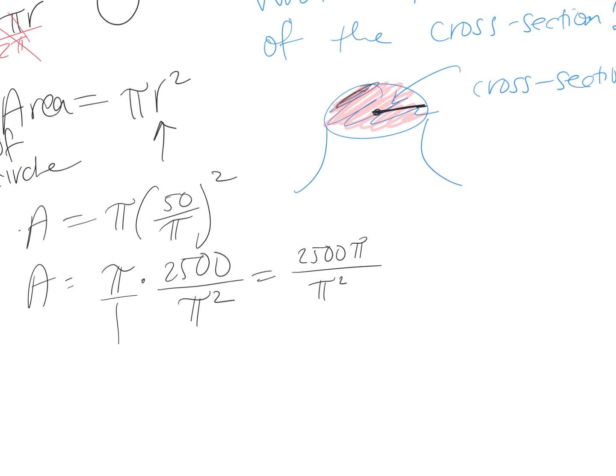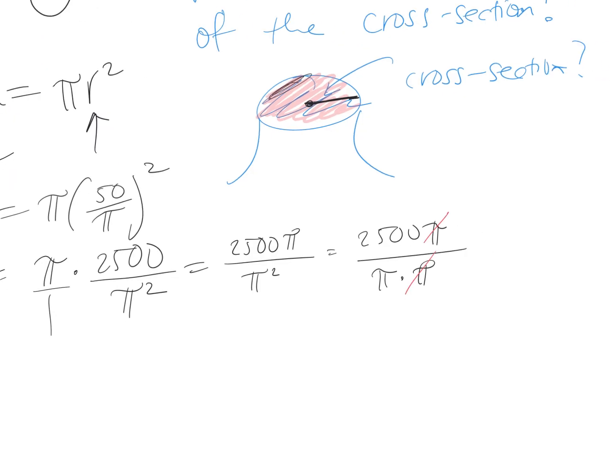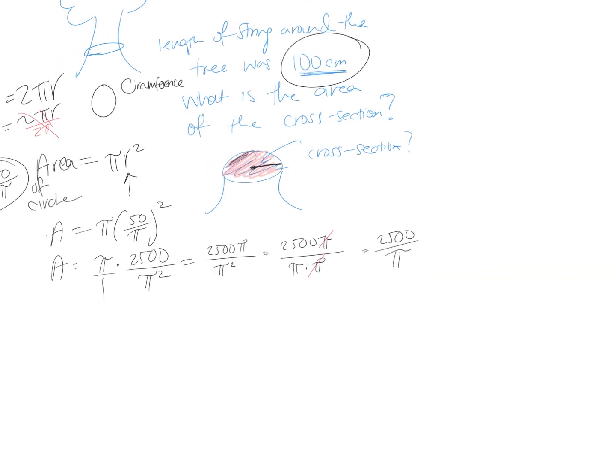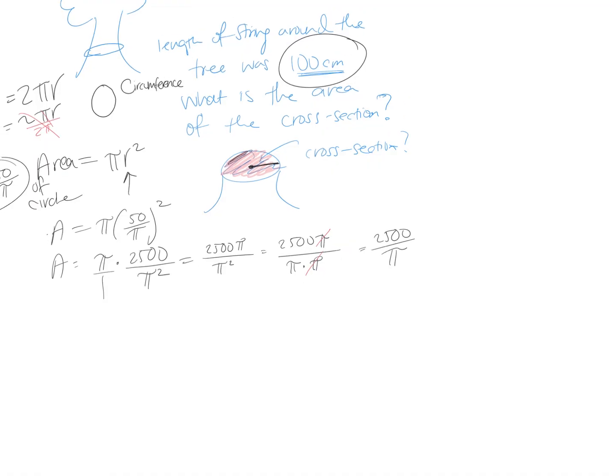One of the pi's on top cancels with one of the pi's on the bottom. So our final answer is 2,500 divided by pi. That's the area, and area is to the second power, so it would be centimeters squared.